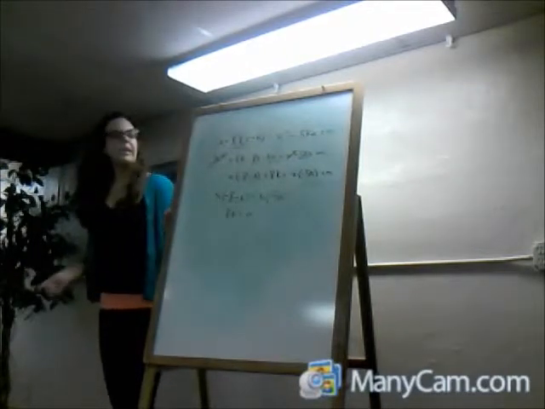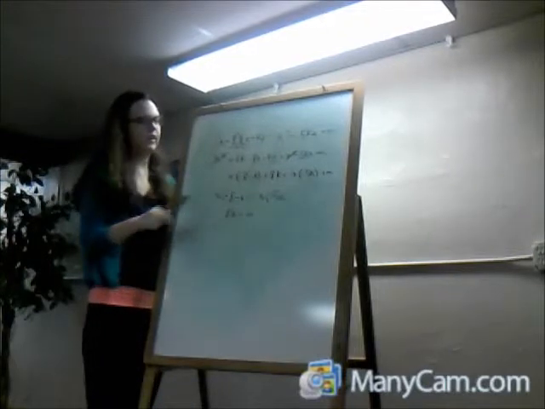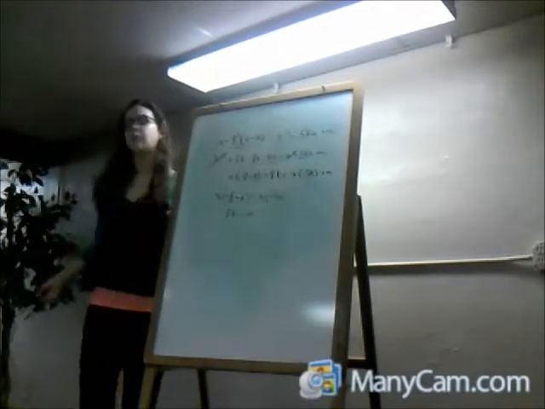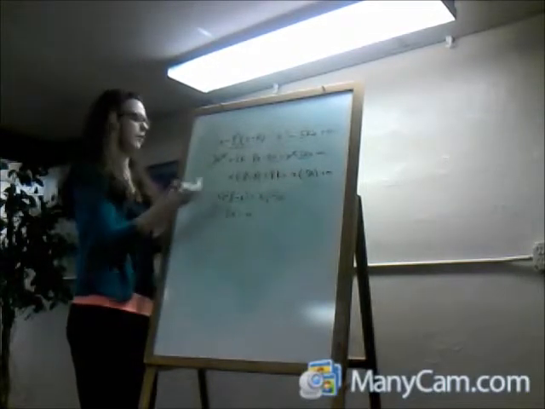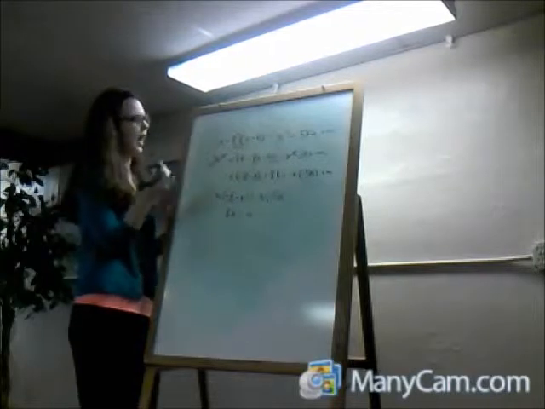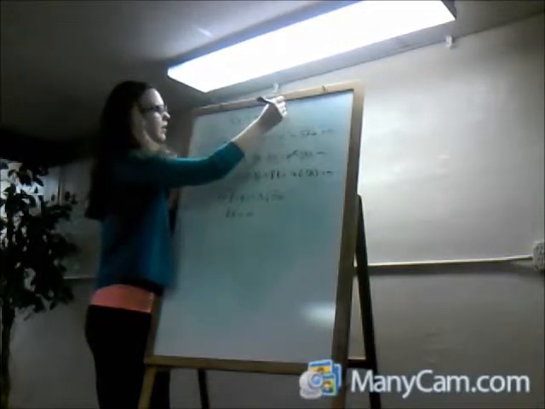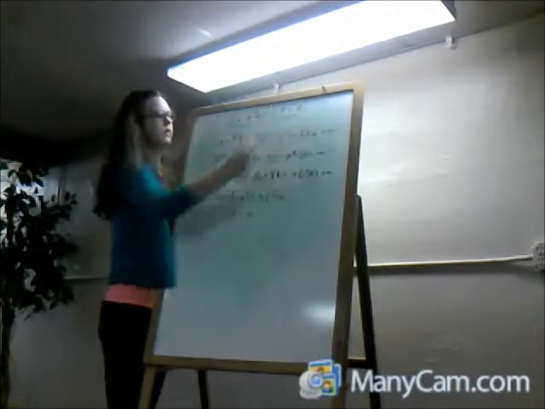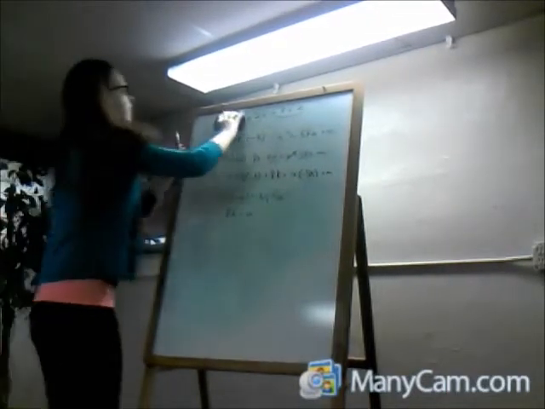Why can we do that? Because we're only ever going to add like terms. This is an x term and this is an x term. If we had some equation like 5x plus 2x plus 3 plus 2, we're only going to ever add these and these. Another way to see it, let's just do it with simpler numbers.